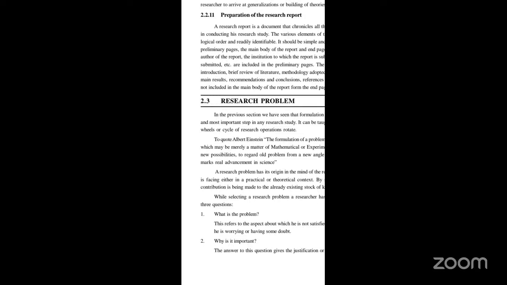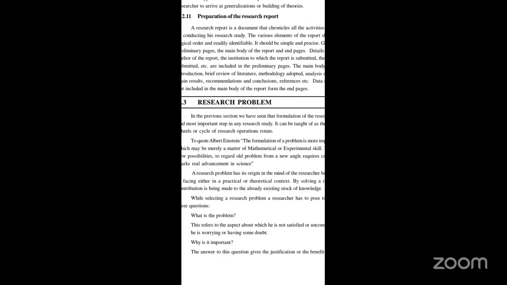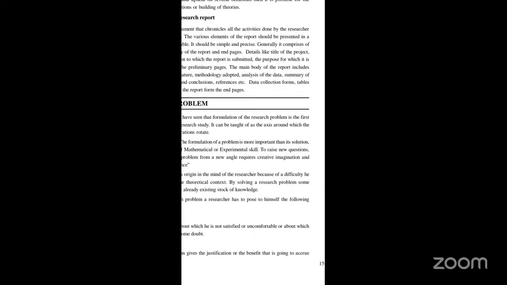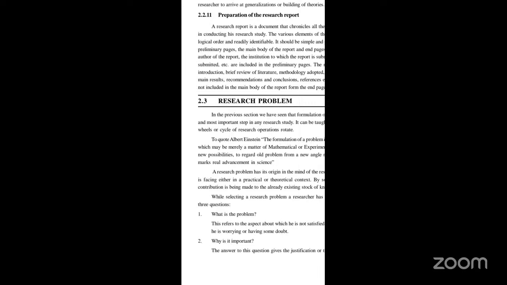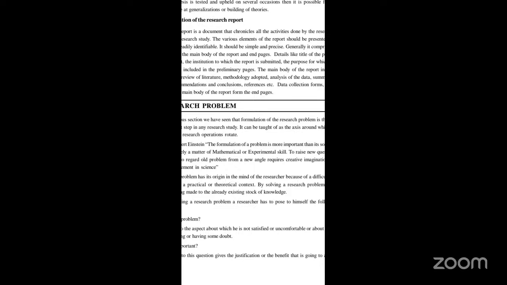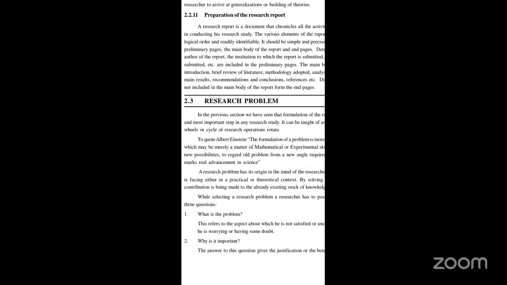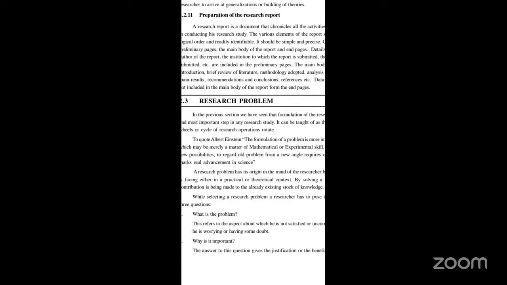To quote Albert Einstein, the formulation of a problem is more important than its solution, which may be merely a matter of mathematical or experimental skill. To raise new questions, new possibilities, to regard old problems from a new angle requires creative imagination and makes real advancement in science.